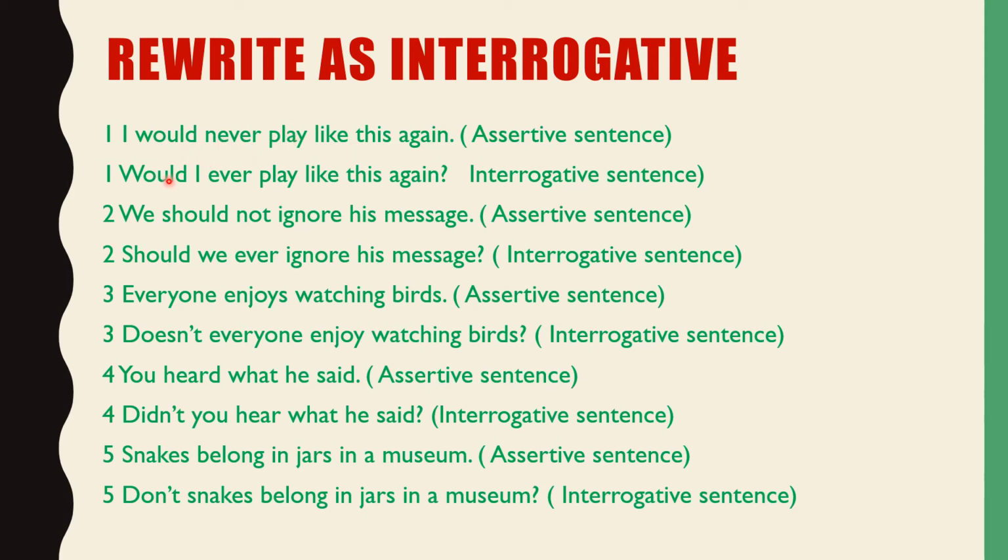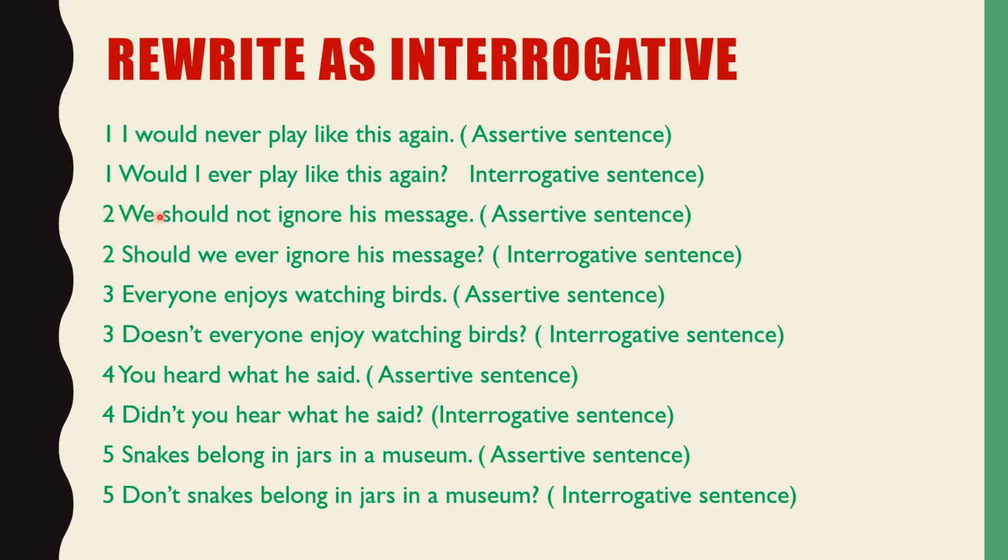So therefore you will write the interrogative as, would I ever play like this again? So, never will become ever. The interrogative is positive now because here the assertive was negative. Would is the auxiliary, so you use the auxiliary before the subject I.